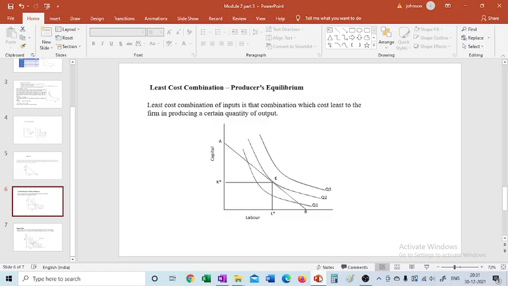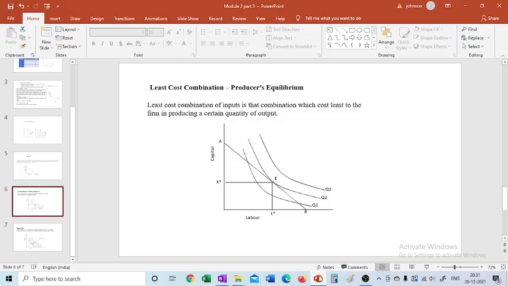So what is producer's equilibrium or least cost combination? A producer will be in equilibrium when he is able to produce a given quantity of output with the least cost, or when he produces maximum output with a given amount of inputs. So in both ways we can explain the least cost combination or producer's equilibrium.